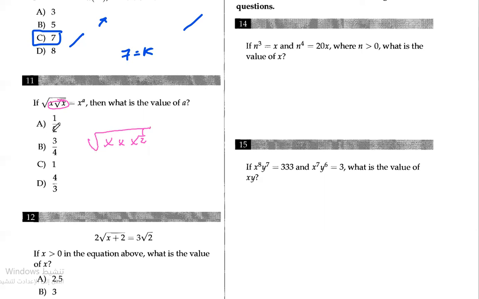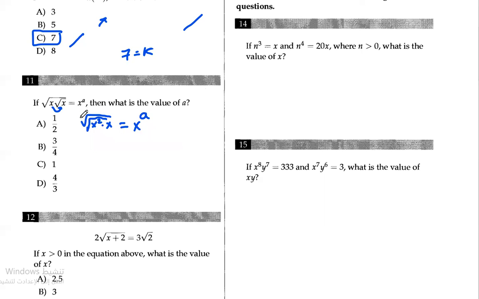Yes, you can do it like this, but you can solve in another, easier way. When you put this x inside, it will be x squared times x. Also with the square roots, we have two square roots equals x to the power a.